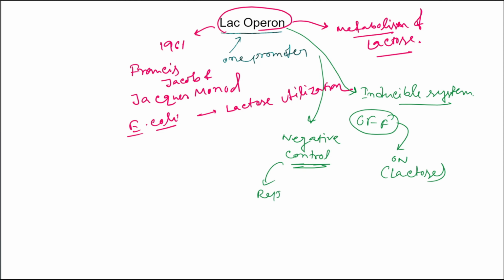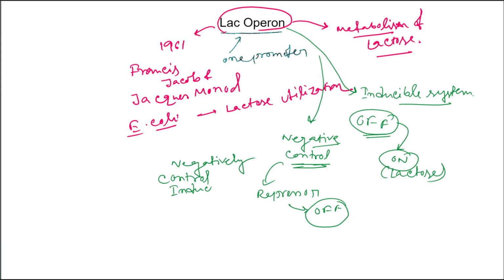So, it is first off and becomes on when lactose is available in the environment. That's why the lac operon is a negatively controlled inducible system.